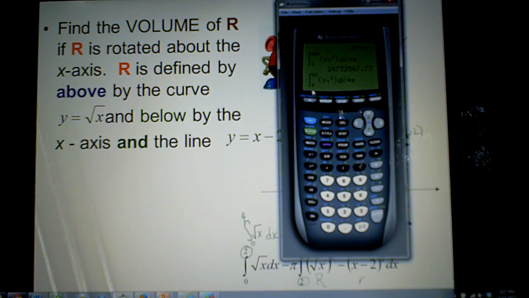So there's 0 to 4, root x squared dx times pi. And I would have to subtract one-third pi r squared.